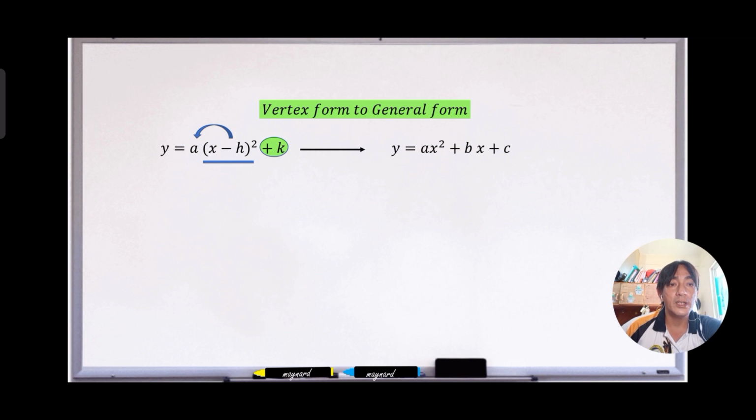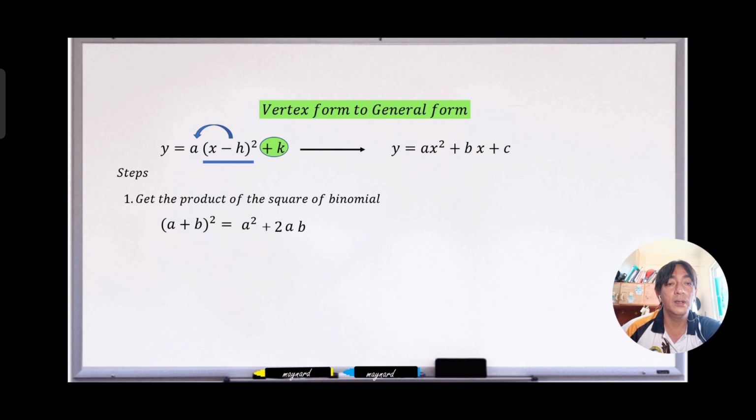Okay? So, sulat natin yung mga steps. Step 1 is get the product of the square of binomial. Then, ayan siya, di ba? Yan yung formula natin. So, quantity of a plus b quantity squared is equal to a squared plus twice the first and the second plus square of the last term.